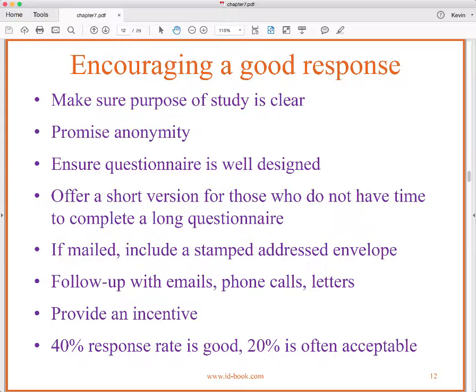I was listening to a podcast this morning where somebody was interviewing a political pollster, and they were saying how over the last 10 years the number of people that you can get to answer the phone has dropped.